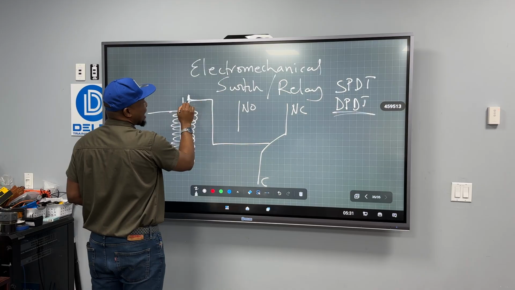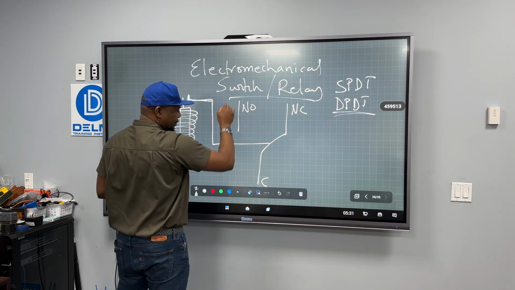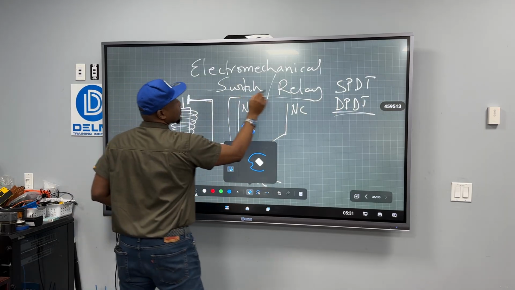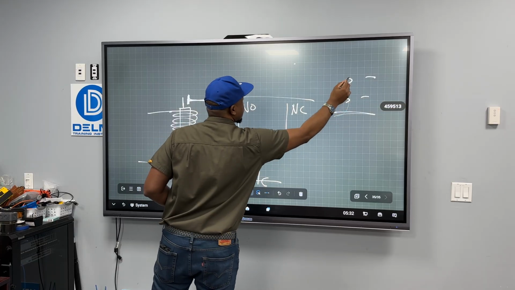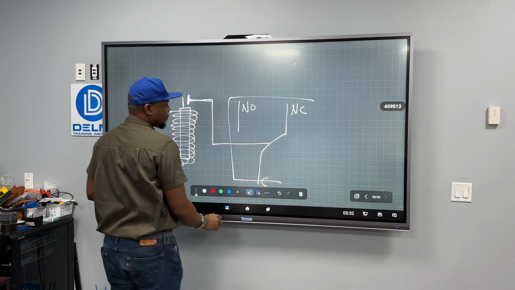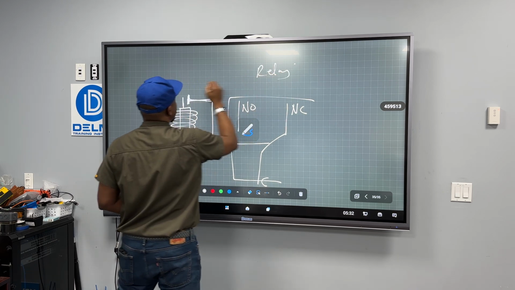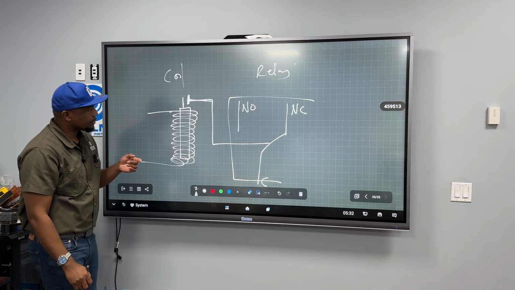All right, so we have this. And this is the relay portion, and this is the coil portion. Now let's look at what is happening.